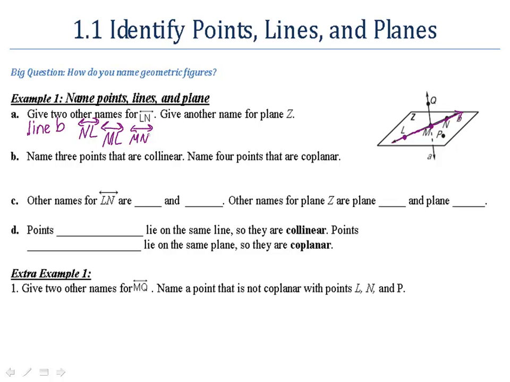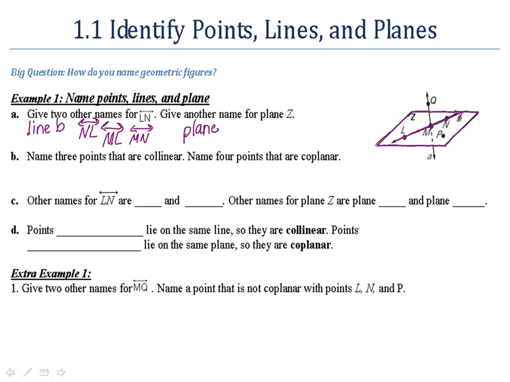Second part, give another name for plane Z. So we label planes using 3 letters. Okay, Z is not a point. Sorry, we're labeling using 3 points. Z is not a point, it's just a letter on there. So plane Z is right here. Okay, I'm outlining it.